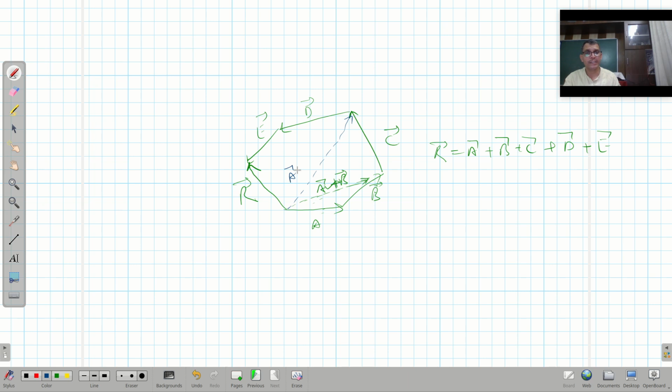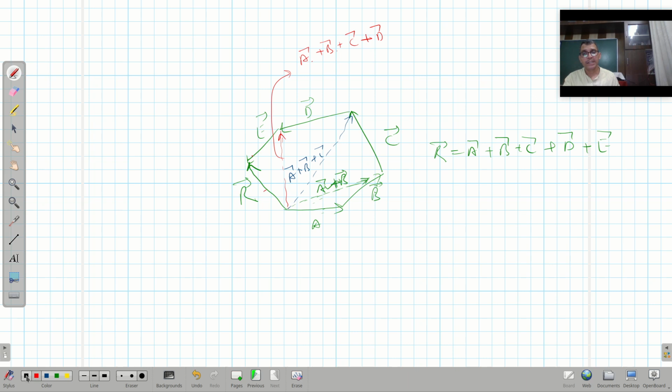So this is A plus B plus C. Now these vectors are taken in the same order, then this vector is represented by A plus B plus C, and this vector is nothing but A plus B plus C plus D. So this vector is basically the sum of these two. Similarly, if this vector and this vector are taken as the sides of a triangle, then the opposite side, or the third closing side, which is taken in the opposite order, can be written as the sum of these two.